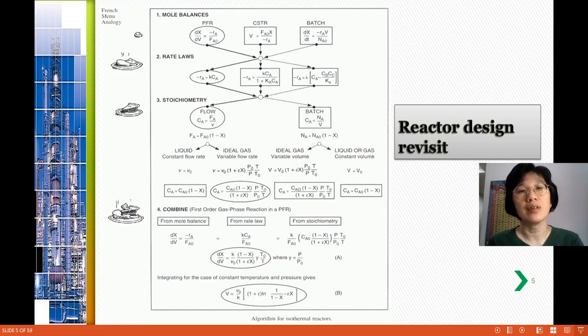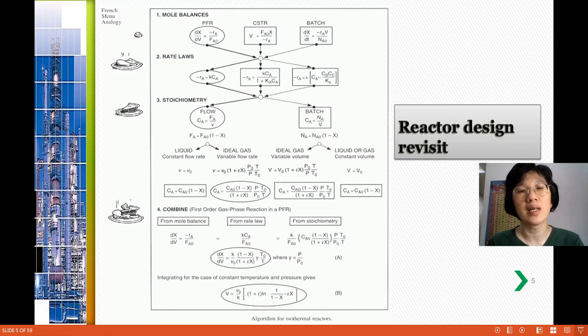And after you have the mole balance equation, then you have to state the rate law to represent the reaction happening in the reactor, and you have the stoichiometry to relate the parameters in your mass balance equation with the concentration or molar flow rate profile in the reactor.